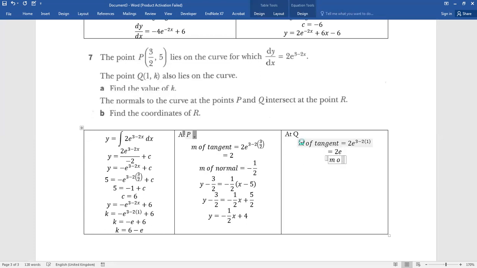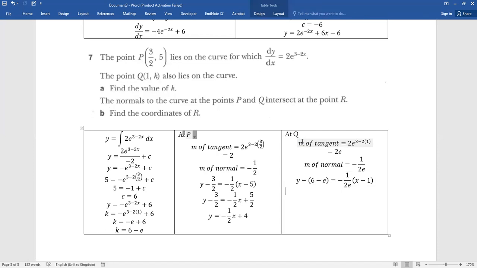So the gradient of the normal will be negative 1 over 2e. Now I can simply make the equation, y minus y1, which is 6 minus e, is equal to gradient into x minus x1.